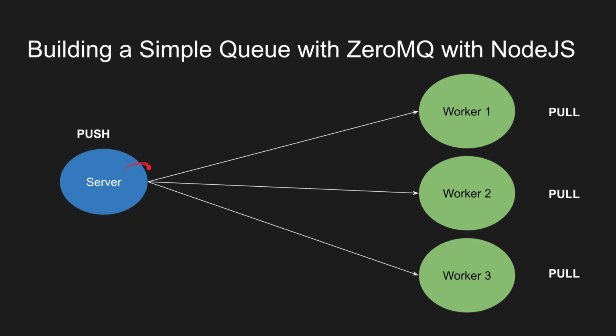When I publish something, all of them should receive the same content. If I publish job number 1 with a subscriber model, job number 1 will be received by worker 1, worker 2 and worker 3. However, with a queue, job number 1 had better be executed by only one. Otherwise, we're going to get into trouble.